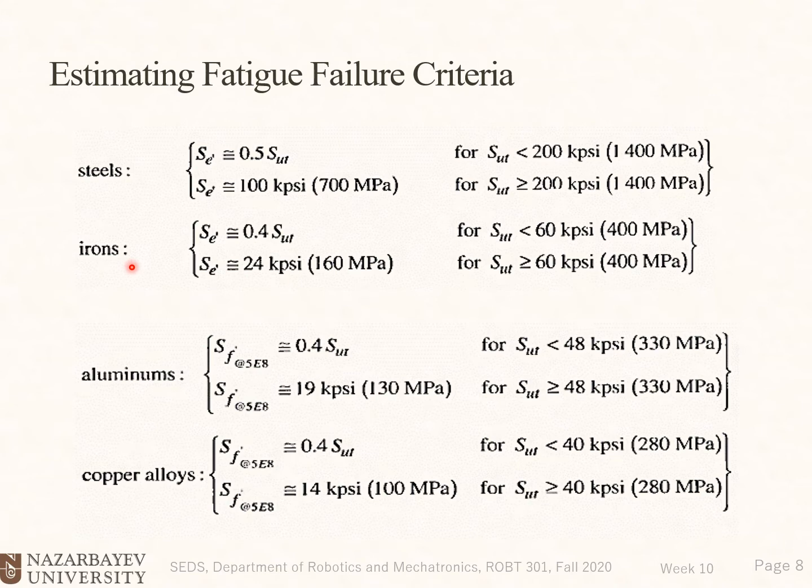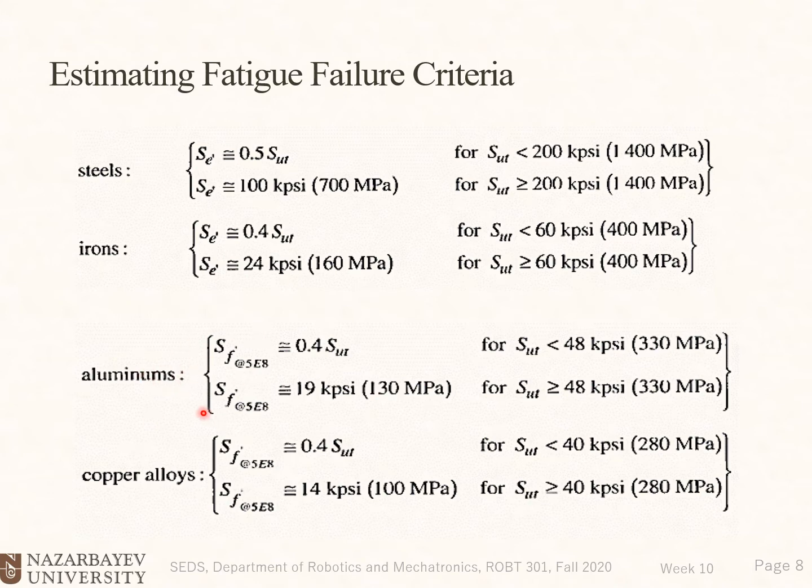For the iron, we also have very similar equations. We have endurance limit, or we could observe the knee in the SN diagram at about 1 billion cycle. For aluminium, we don't have that knee or endurance limit.